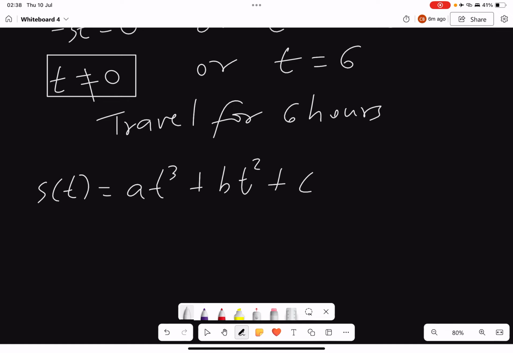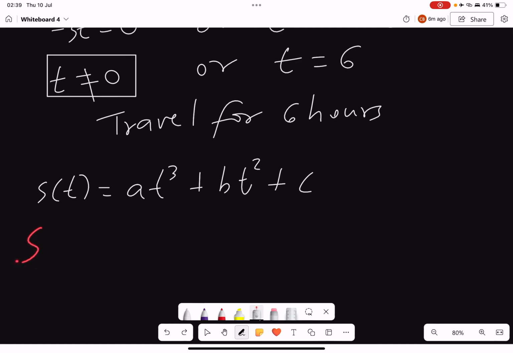I would have said ct, but I'm not going to say that because remember, the derivative of s at t has 2 terms, which means s at t can have a maximum of 3 terms. It can have 2 or 3, and the third term must be a constant, so that is going to disappear when we differentiate. I'm sure I'm making sense, ladies and gentlemen.